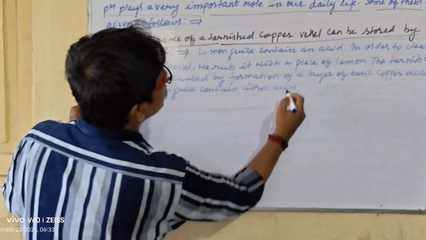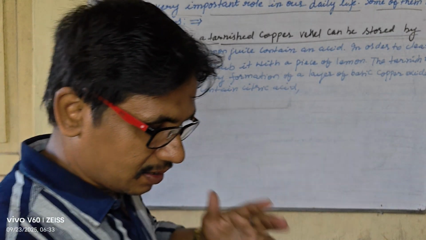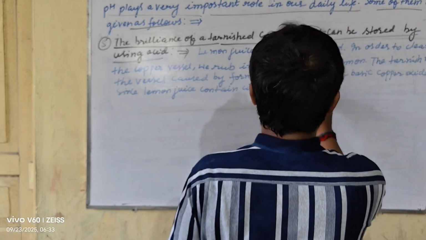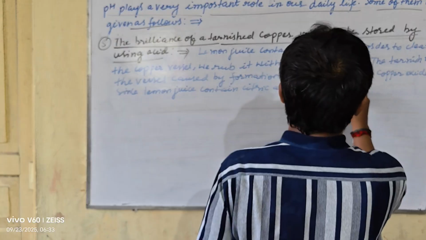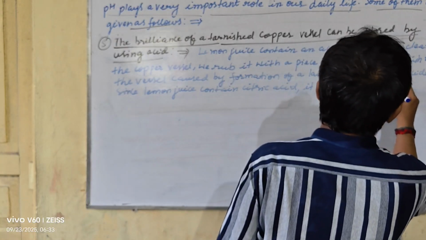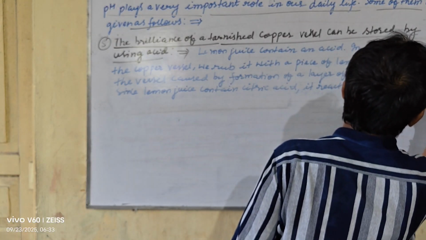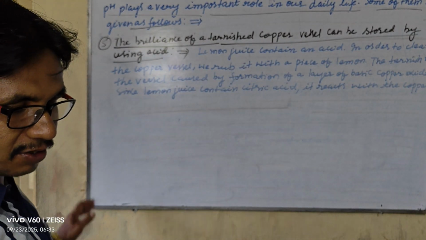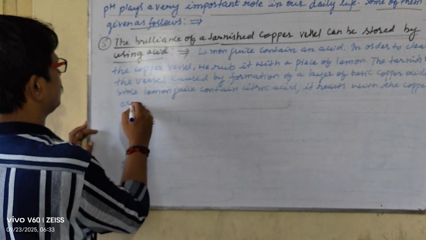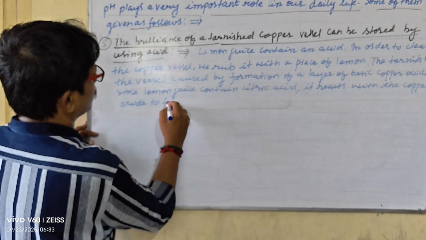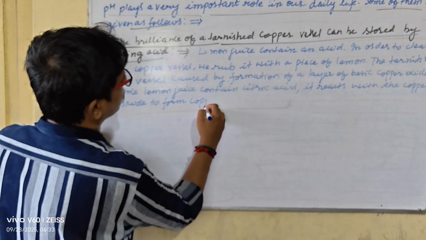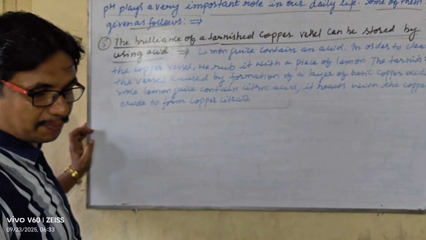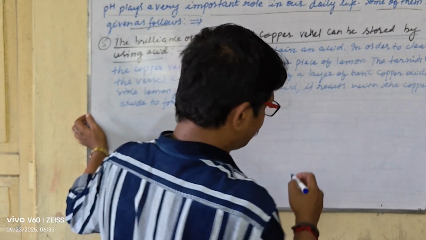Since lemon juice contains citric acid, it reacts with the copper oxide to form copper citrate, and it is washed away.